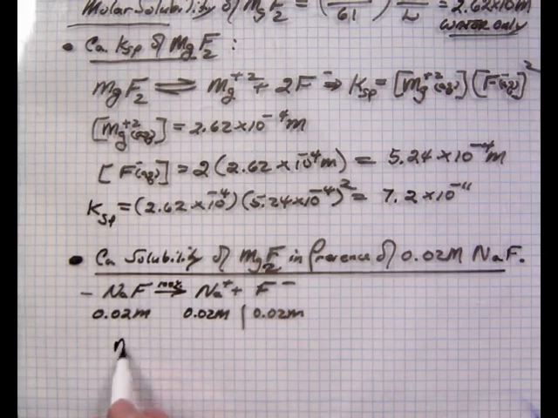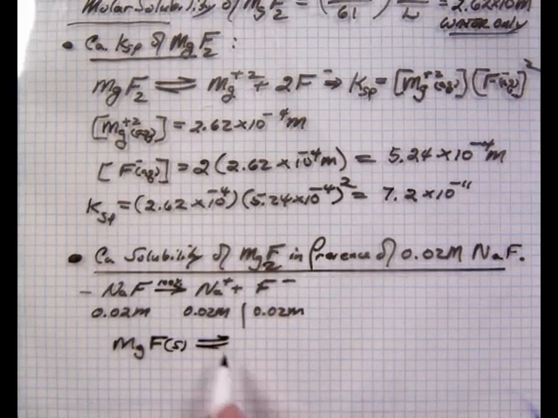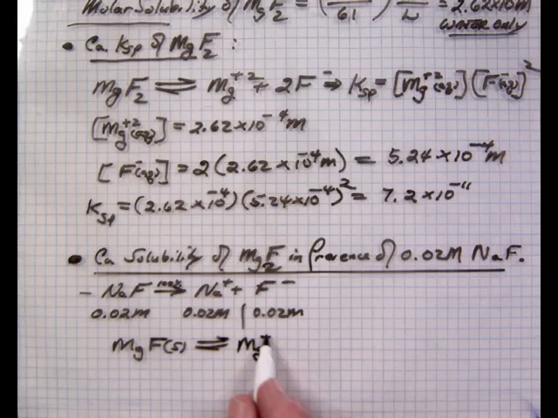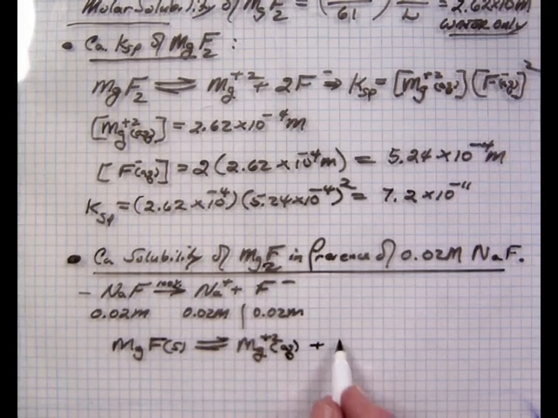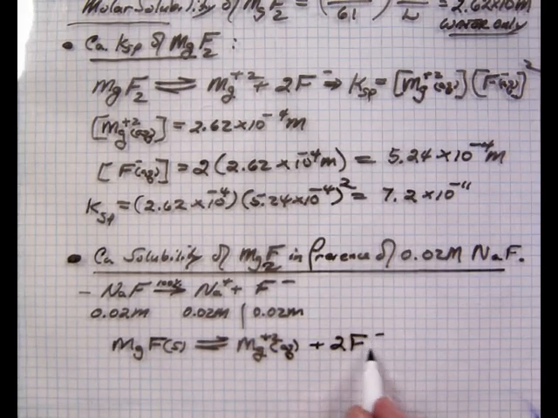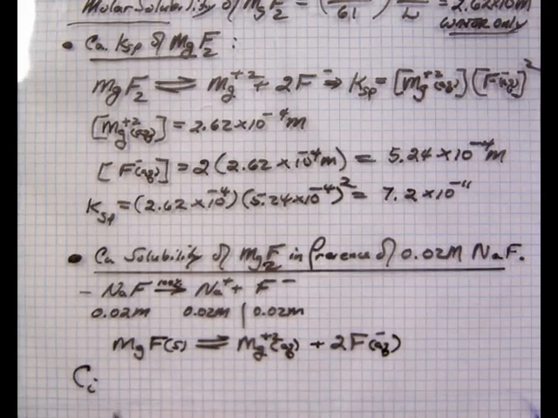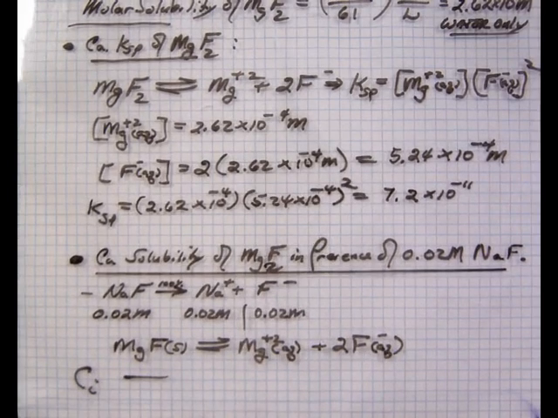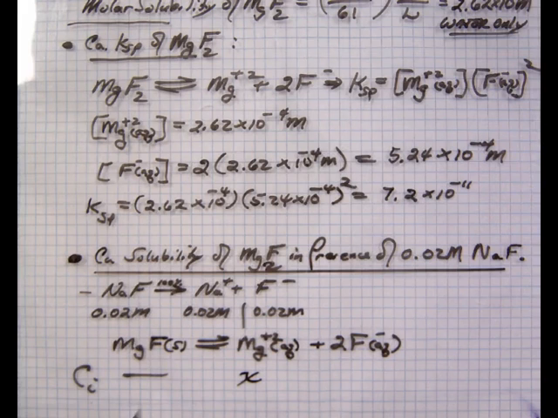So magnesium fluoride, solid, ionizes to magnesium ions and fluoride ions like this. And initially, we have an unknown amount of magnesium delivered into solution by the magnesium fluoride solid in the presence of the fluoride.